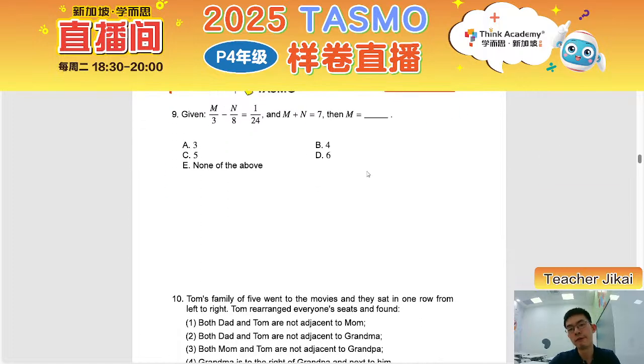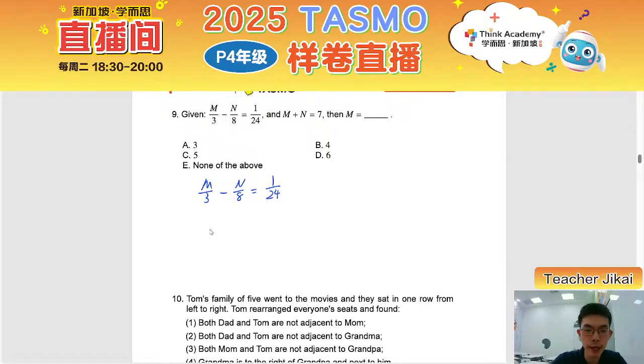Okay, this, fraction calculation. M divided by 3 minus N divided by 8 is 1 over 24. So we don't know M and N each one of the value, but we can have 2 equations here, right? So why not we just simplify the equation? So we know M over 3 minus N over 8 is 1 over 24.